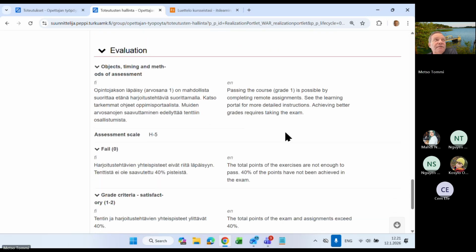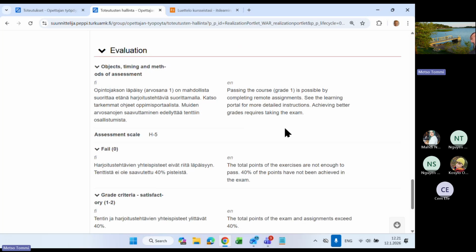And the evaluation is similar to the autumn course. In the autumn course there were, if I remember correctly, 27 exercises.